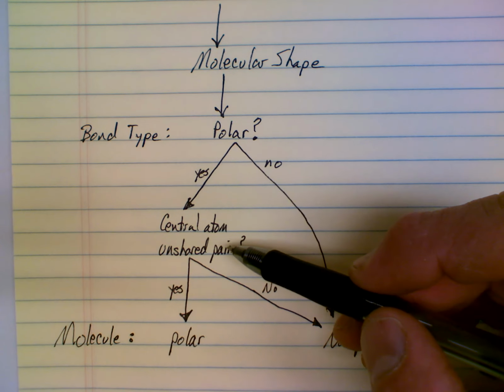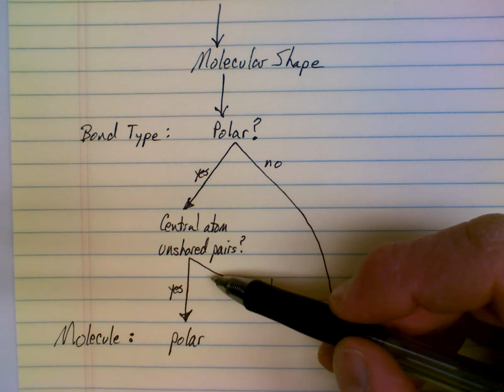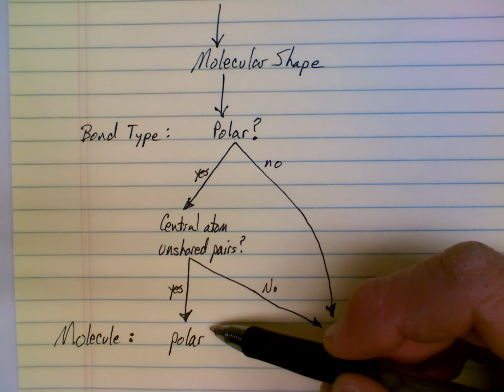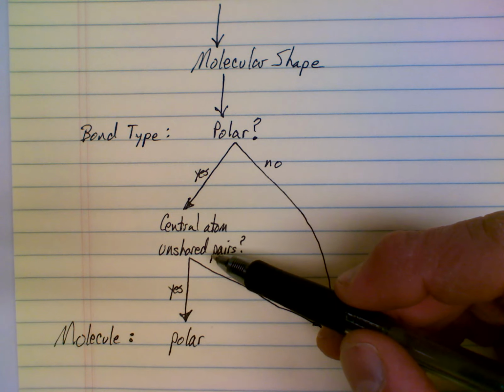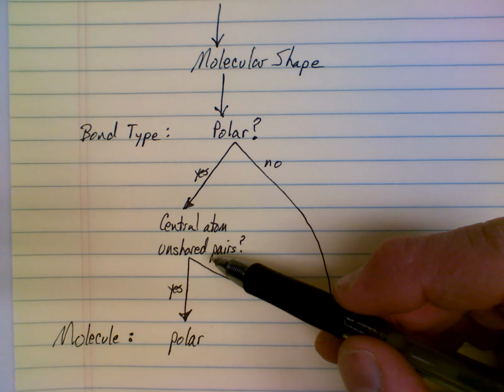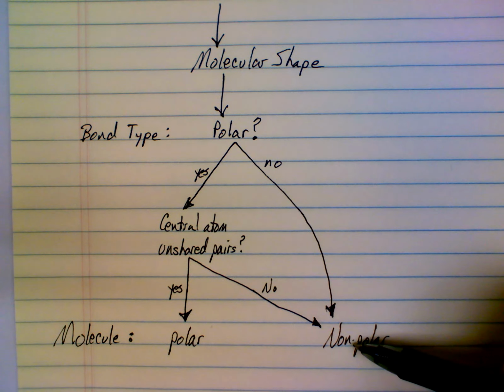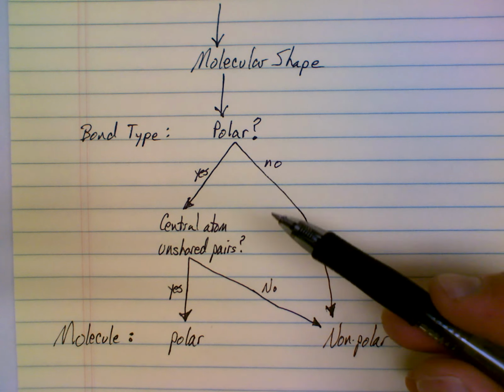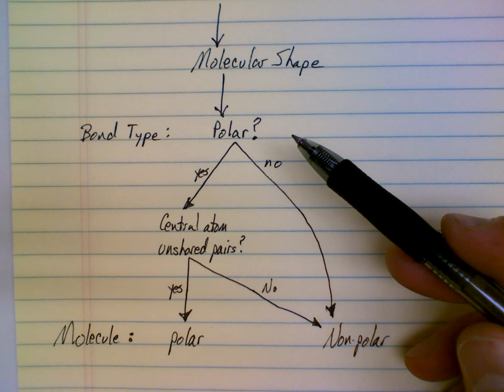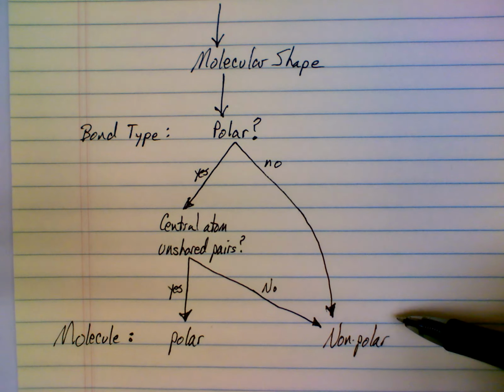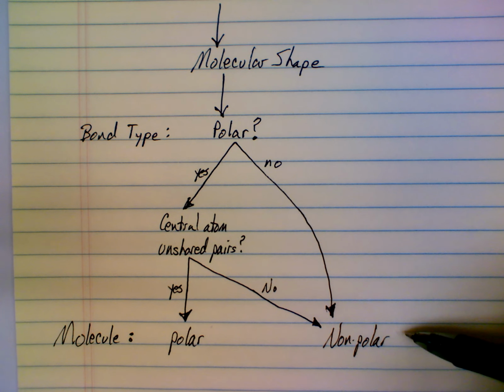If it has unshared pairs, it's going to throw off the symmetry, in which case you'll have a polar molecule. If the central pairs are all occupied, then you'll have a nonpolar molecule. And again, if the bonds are nonpolar, then automatically the molecule has to be nonpolar.